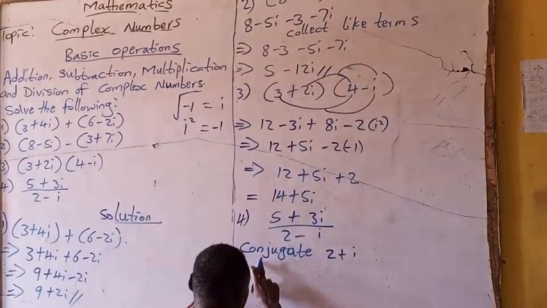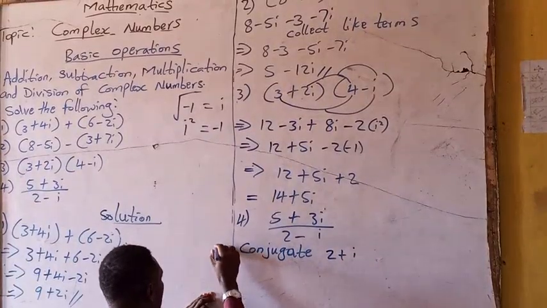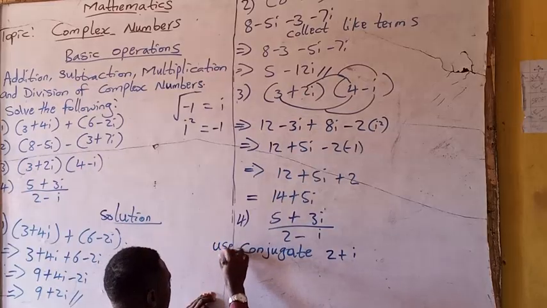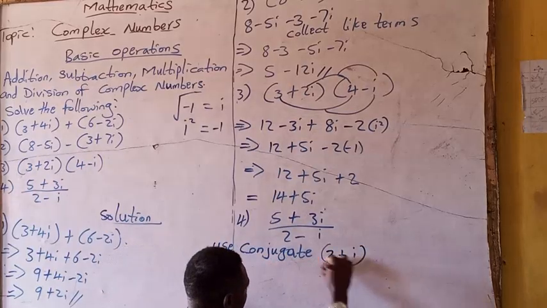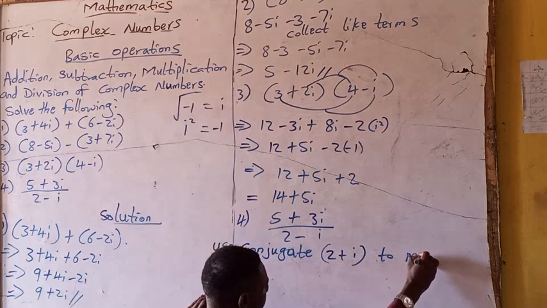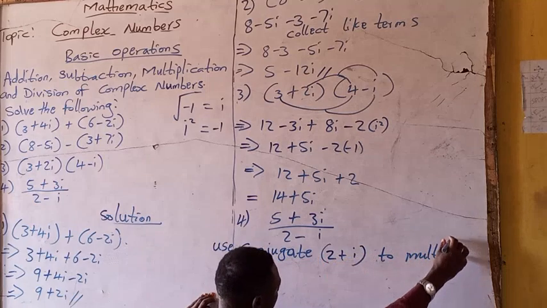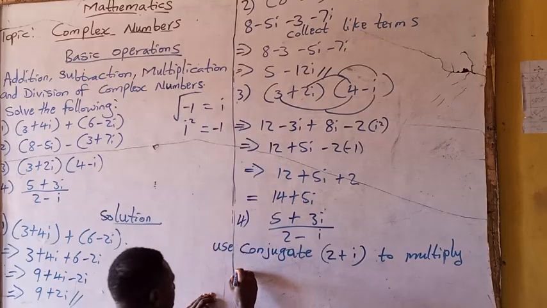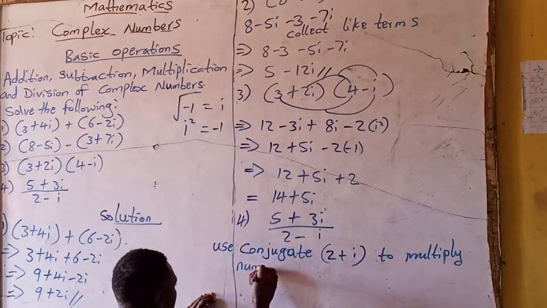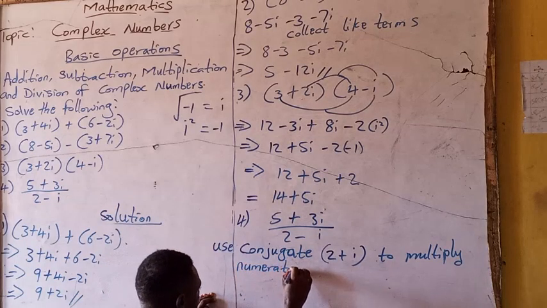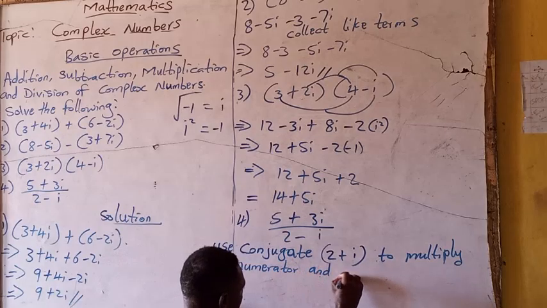Use it. That is, let me use the word: use the conjugate to multiply the numerator and denominator.